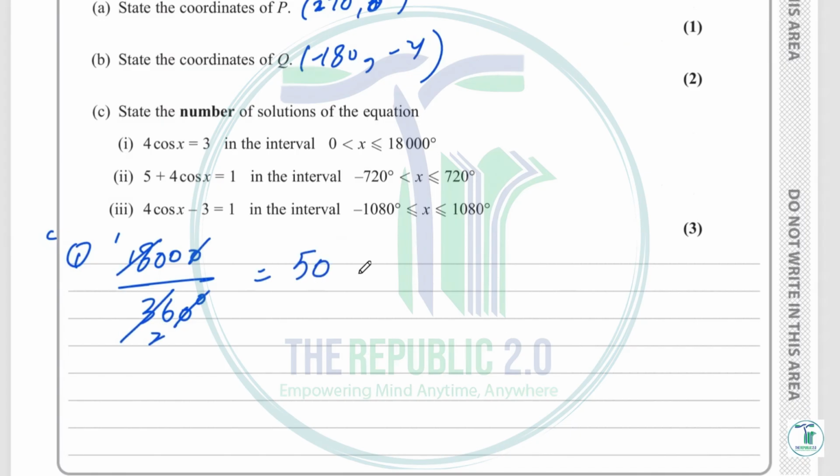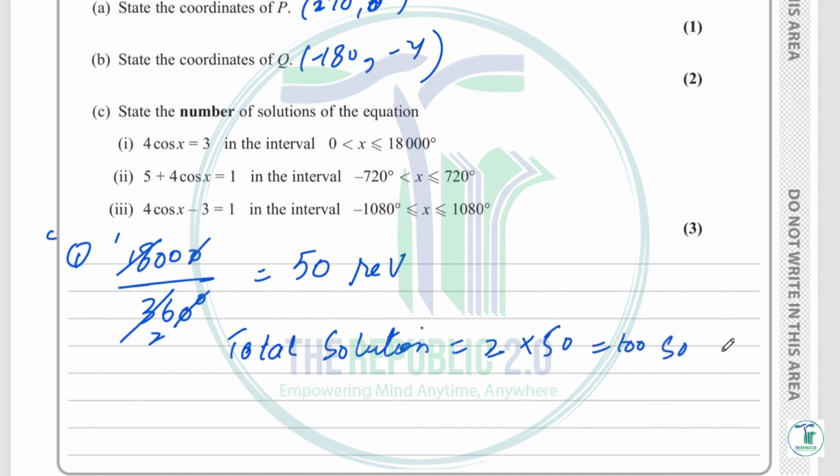So we have got 50 revolutions over here, and in one revolution, we've got 2 intercepts of x. So what does that mean for the total number of solutions? The total solutions comes out to be 2 times 50, and that is 100. So we have got 100 solutions of this equation from 0 to 18,000.